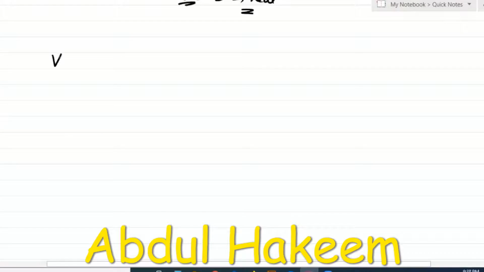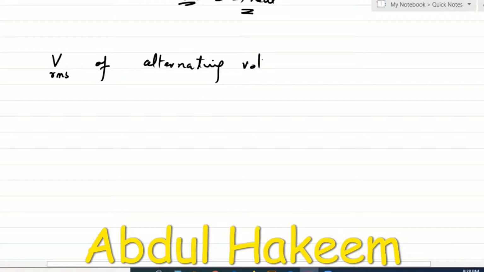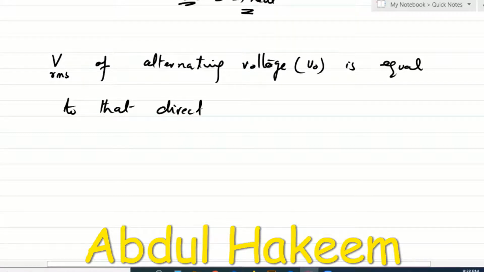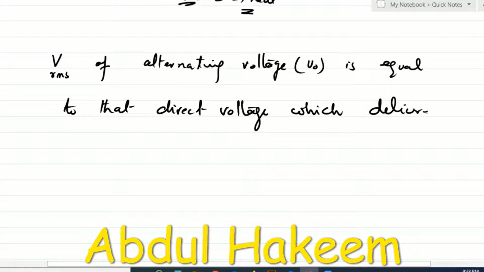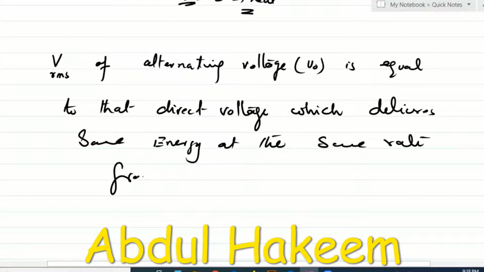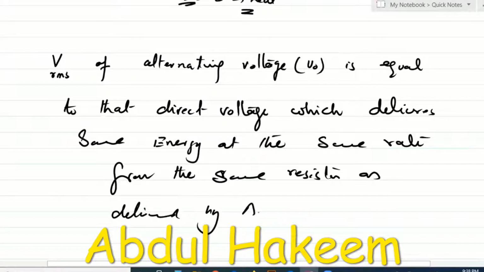So we will write: VRMS of any alternating voltage, the peak voltage, is equal to that direct voltage which delivers the same energy at the same rate from the same resistor as delivered by alternating voltage or alternating current.